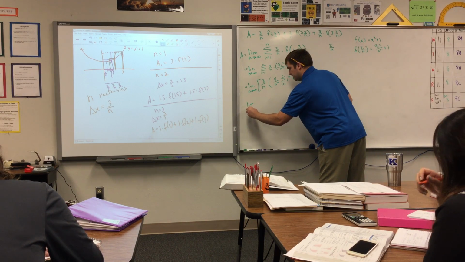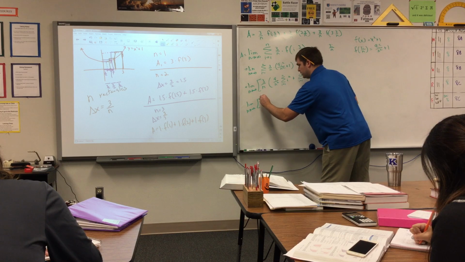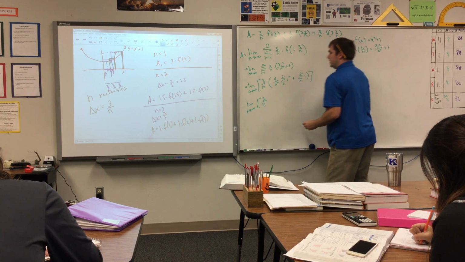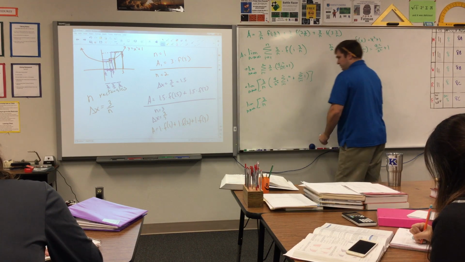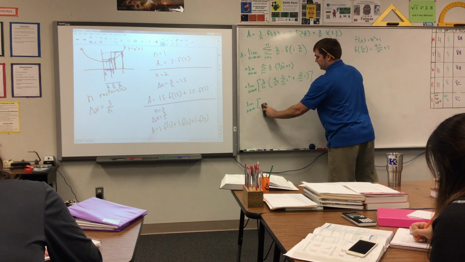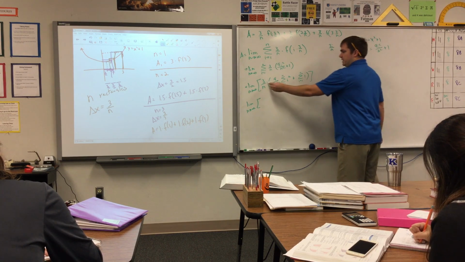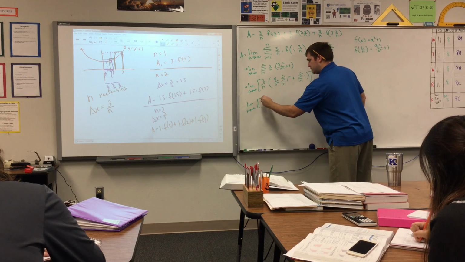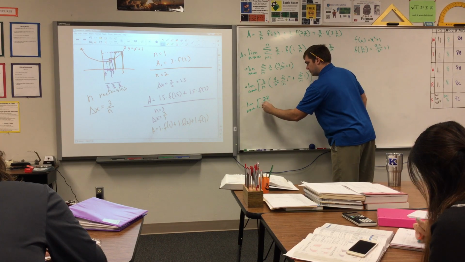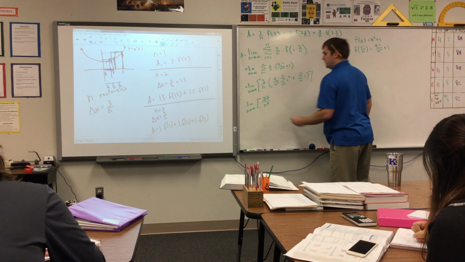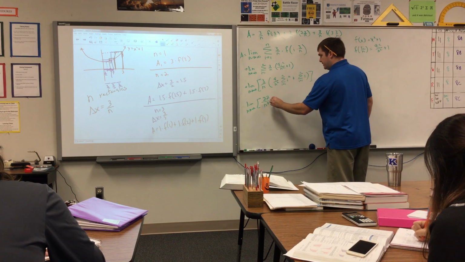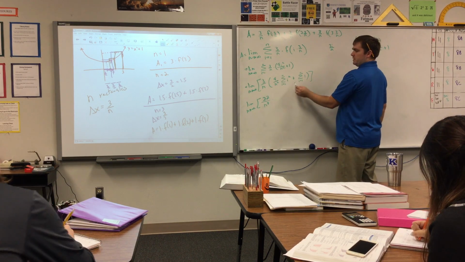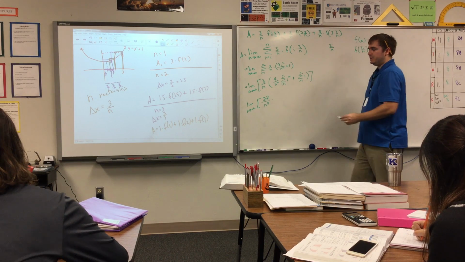So the limit as n approaches infinity of 3 over, in fact, if y'all are okay with it, I might do two things. I may distribute that 3 over n just to make things a little bit faster. That's going to be 27 over n cubed. Rosemary, are you ready? What was that formula again that you told us for the i squared?